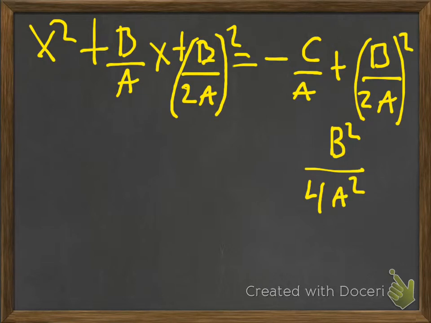So I basically just used the property of exponents to get this answer. Now, if we're adding these two fractions, I can make this right here the common denominator.